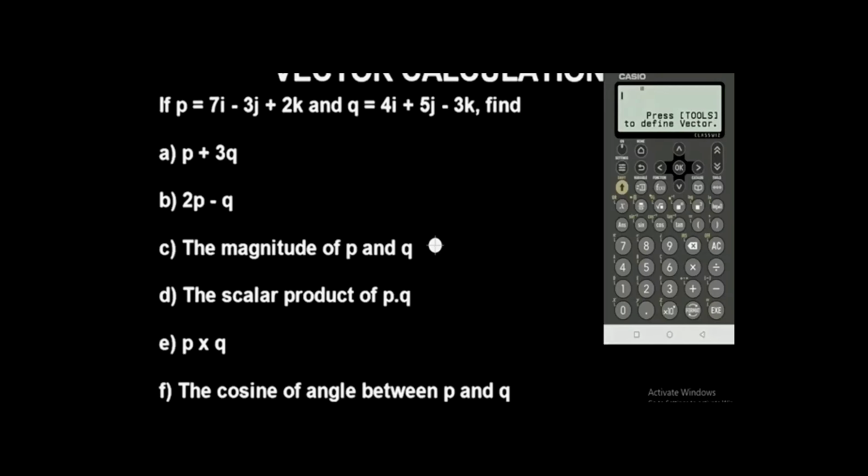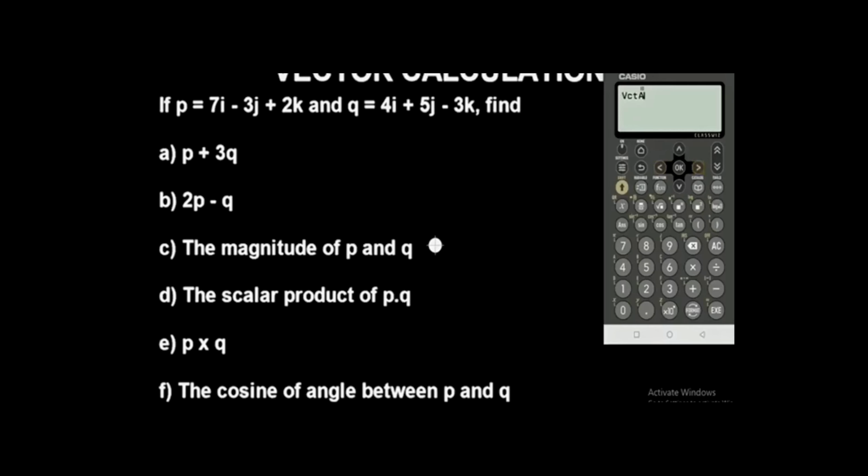So A says find vector p plus 3 times vector q. So to find this, let's press the catalog button, vector option. So we have vector A. Alright, go to the front of this rather.